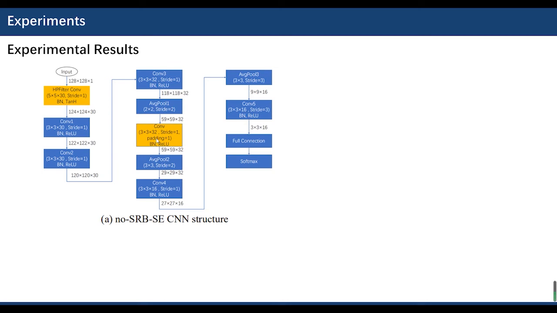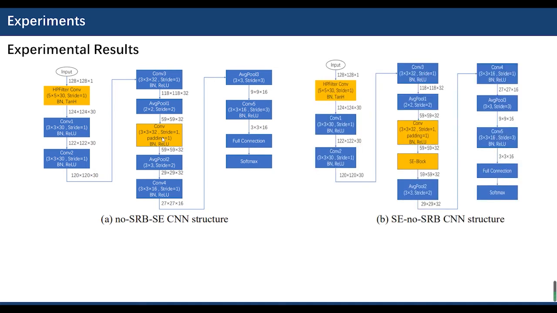It is originally the integration of the Steganalysis residue block and SE block. Now it is replaced by a common convolution layer. And the second experiment is called SE, no SRB CNN. It adds an SE block directly on the left CNN. We can see from the figure.